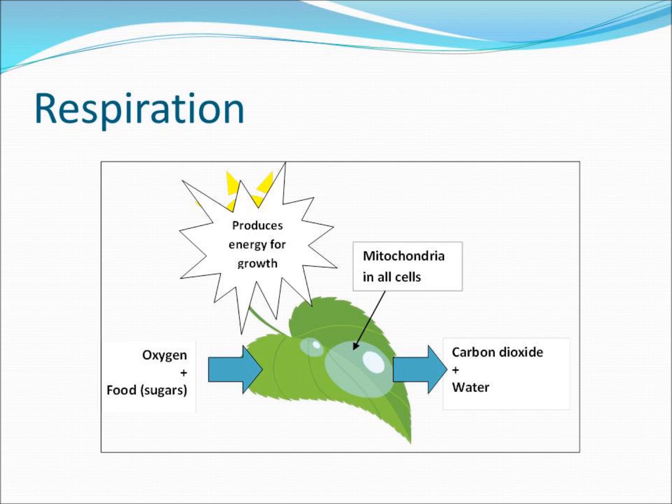The sugar and the oxygen are converted into carbon dioxide and water with the release of energy. The result is that the energy stored in the sugar is now made available for plant growth and development, and carbon dioxide and water just happen to be the byproducts.